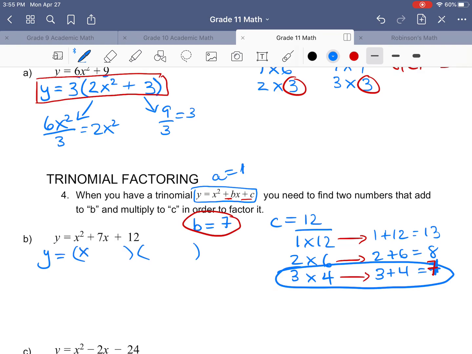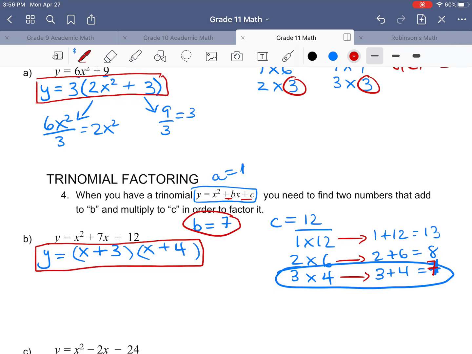We are going to take x, or whatever variable you have, and put it at the front of the bracket. In the back part of the bracket, you are going to take your two numbers that you just found. So we have a positive 3 and a positive 4. So we have x plus 3 and x plus 4. And we are all done. We are all factored. y is equal to x plus 3 times x plus 4.